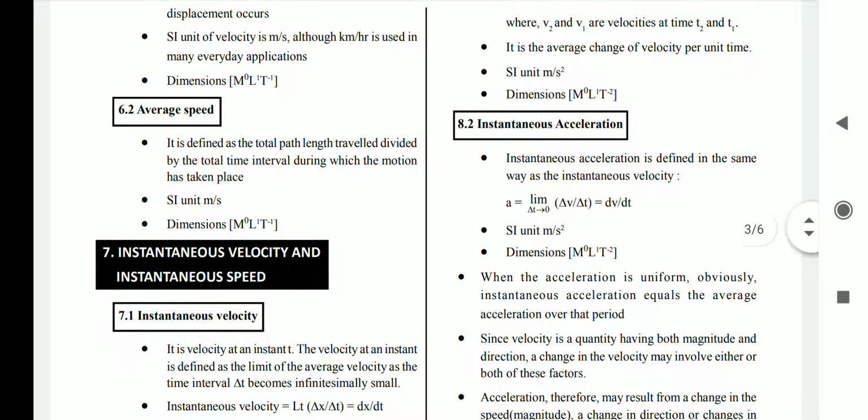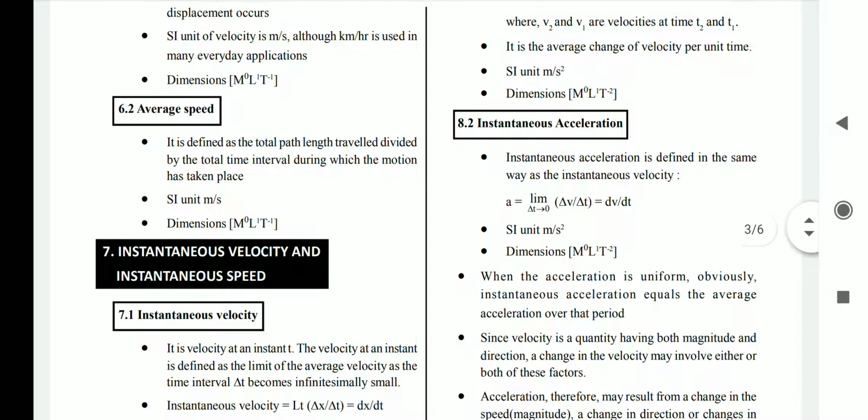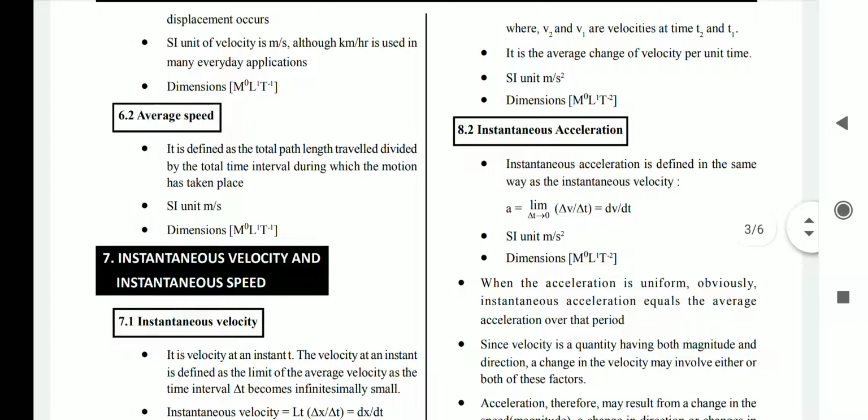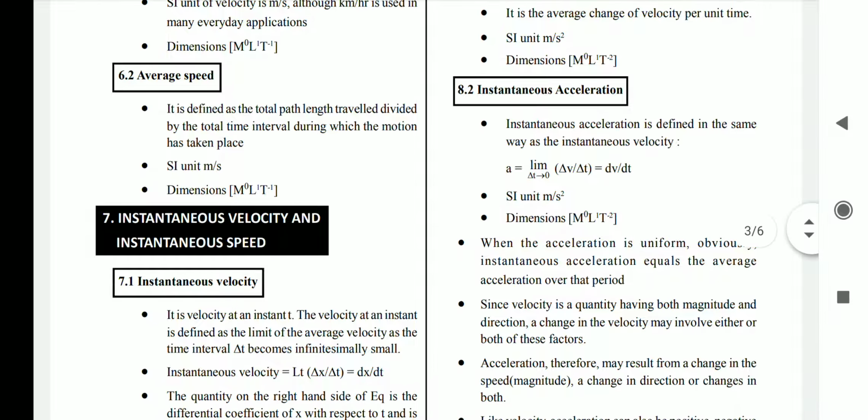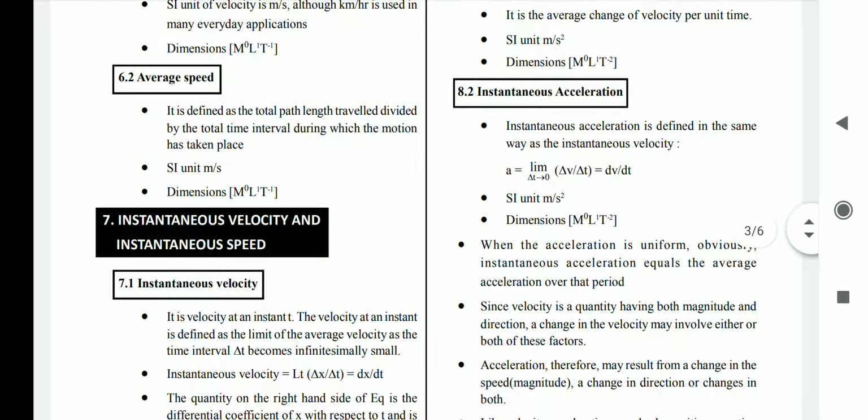The dimensional formula, which you have already studied in the first chapter of +1, is M^0 L^1 T^-1. Average speed is defined as the total path length traveled divided by the total time taken during the course of motion. Its SI unit is meter per second and the dimensional formula is M^0 L^1 T^-1.